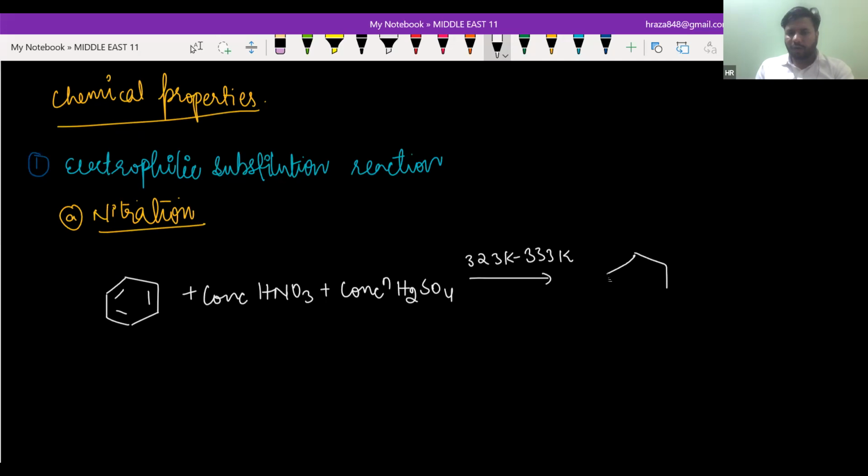One of the hydrogen will remove from there. So substitution reaction, and here is your nitration and H2O will be eliminated. So here is nitration, that is also known as nitrobenzene.